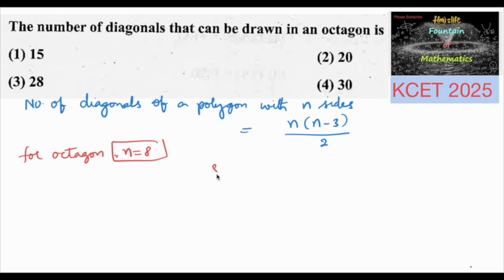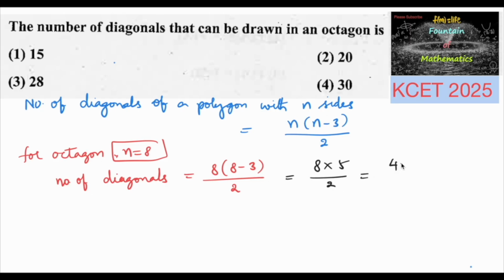We can use the formula: number of diagonals is 8 into 8 minus 3 divided by 2, which is equal to 8 into 5 upon 2, that is 40 upon 2, which is equal to 20. So we can say that there are 20 diagonals of an octagon, which is our option B.